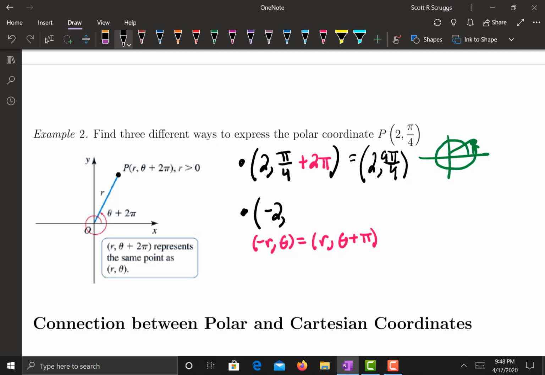So I start off at negative 2, but I rotate pi over 4 plus pi to give me negative 2 and then 5 pi over 4. So the way that looks in this photo is now I begin at negative 2. I rotate 180 degrees to correspond with pi, and then I rotated an extra pi over 4 radians.